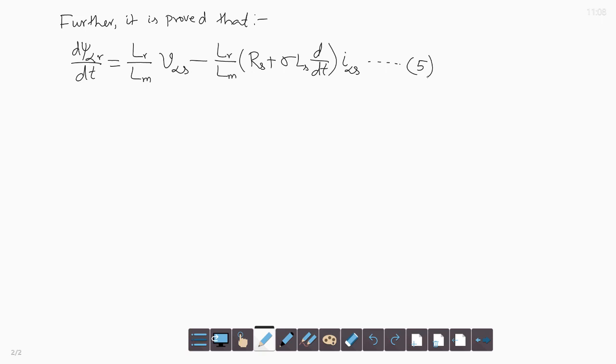And now equations 3 and 5 both express d psi alpha R by dt using different variables.